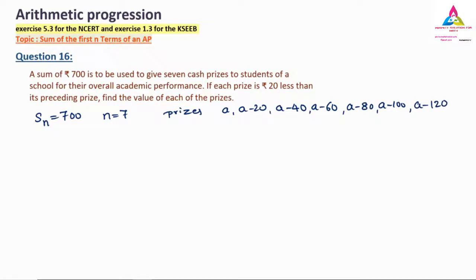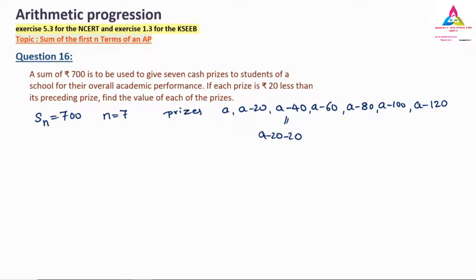So here you will ask, why have I written A, then A minus 20? It is okay because I have explained already. But how is it A minus 40? A minus 40 is nothing but, for each preceding prize they are subtracting 20. So the first one is A, then A minus 20. When we are finding the next one, the preceding is A minus 20, and here also again we have to minus 20. So A minus 20 is minus 20 only, again minus 20.